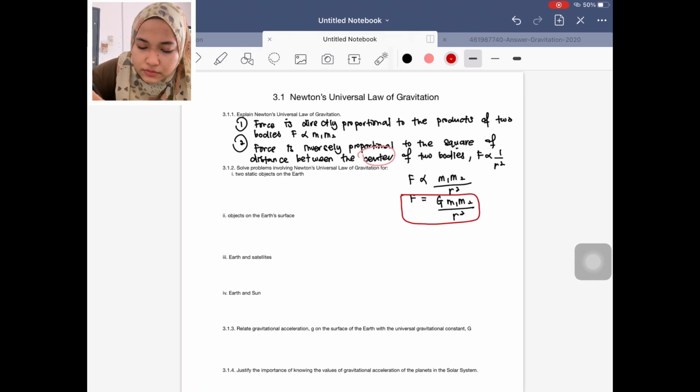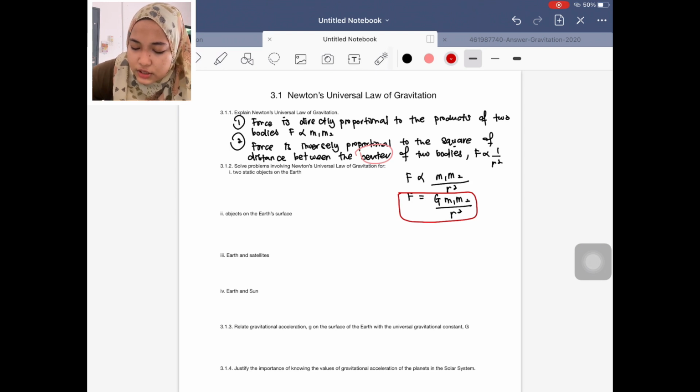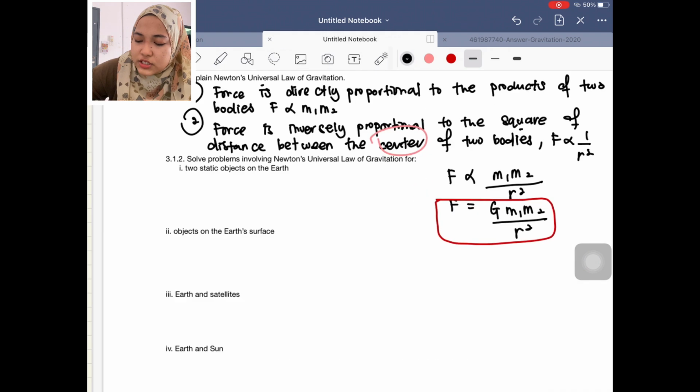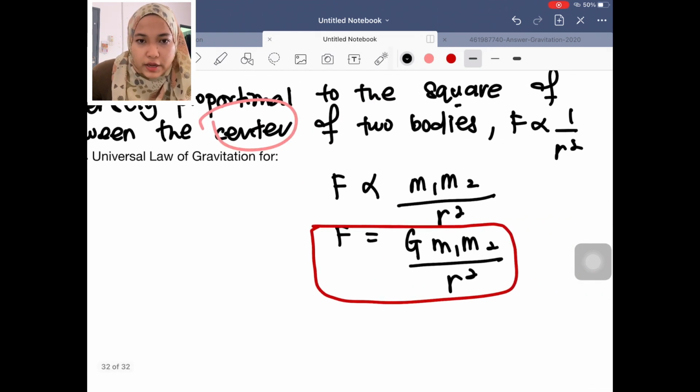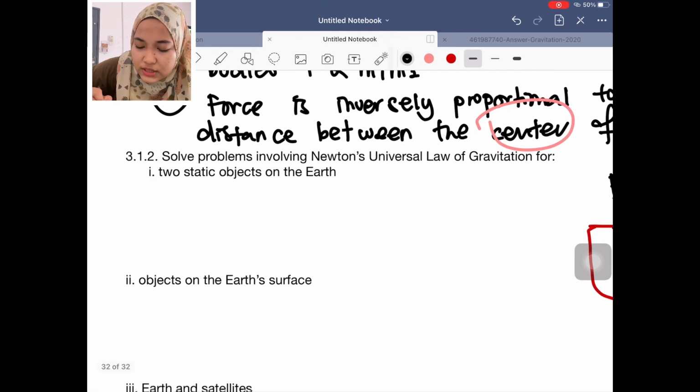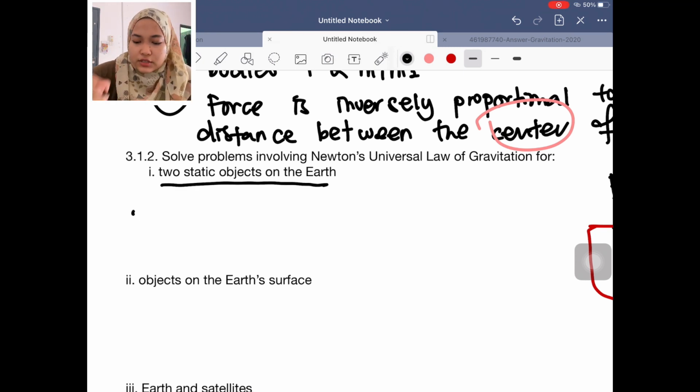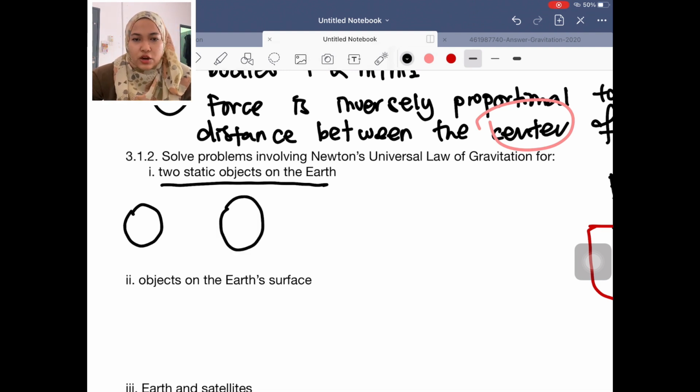Next, to solve a problem involving Newton's universal law of gravitation, which is F equals G m1 m2 over r squared. When we have two static objects on the earth, we have a first object and a second, much bigger object.